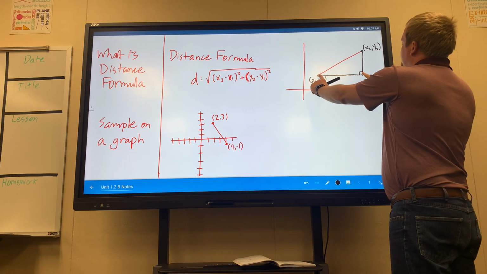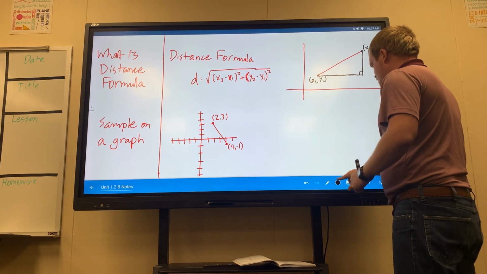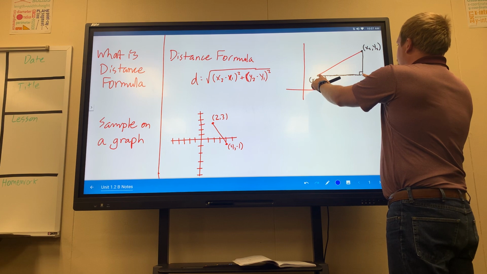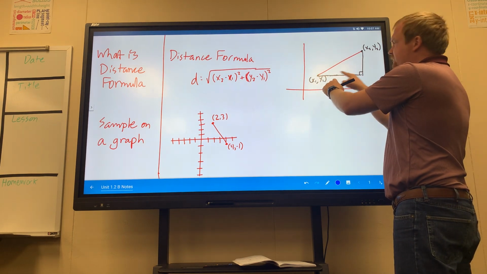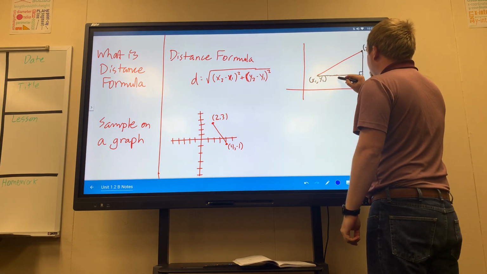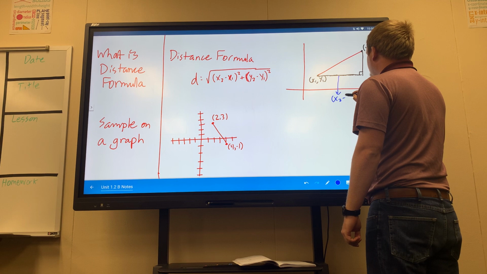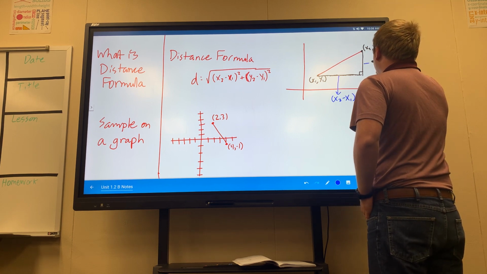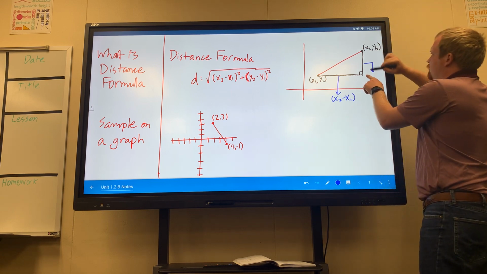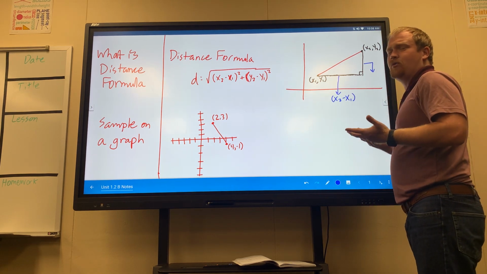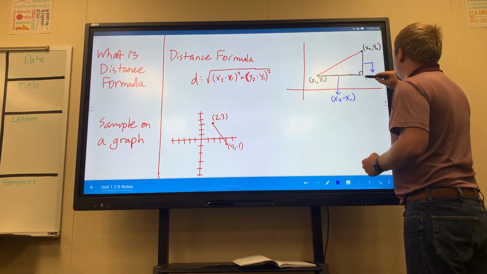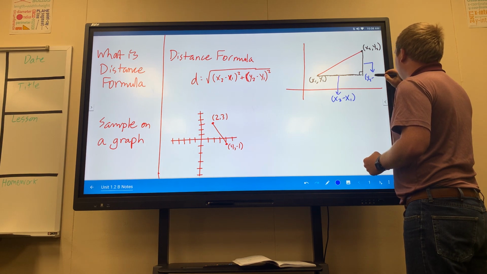If you look at these two points, this is the difference between my x's, so this is going to be x2 minus x1. And this right here, where it's vertical, is the difference between my y's, so this is y2 minus y1.